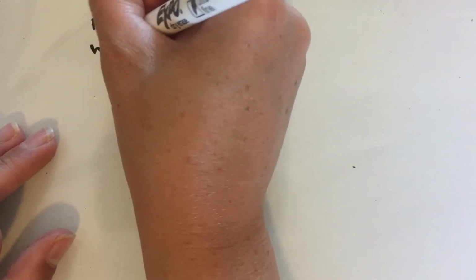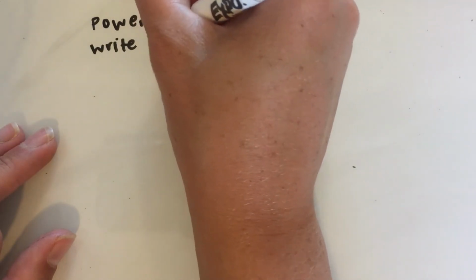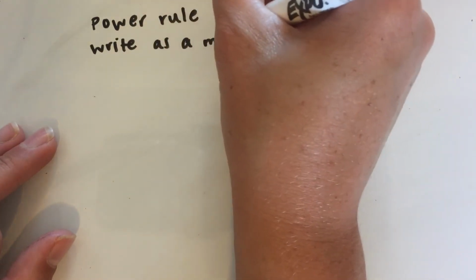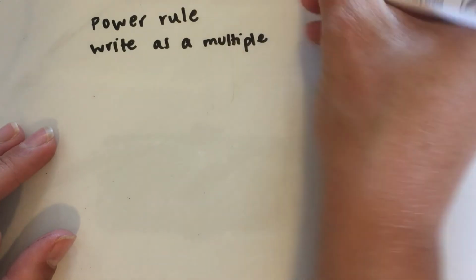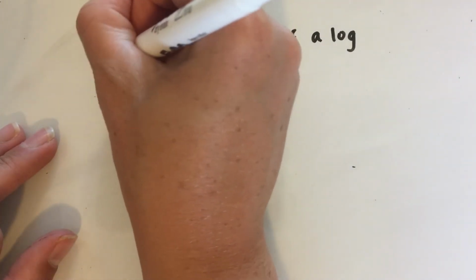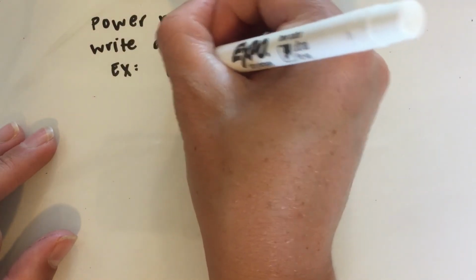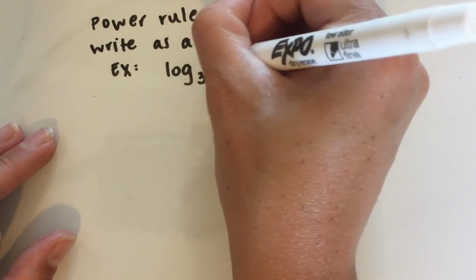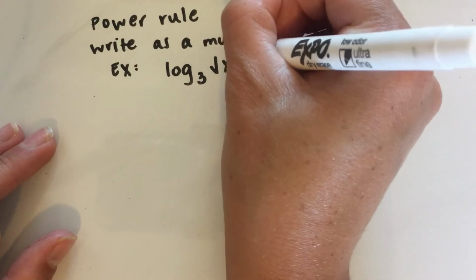Now for a power rule example, we want to write this logarithm as a multiple of a log. So we start out with log base 3 of x squared to the 1/3.